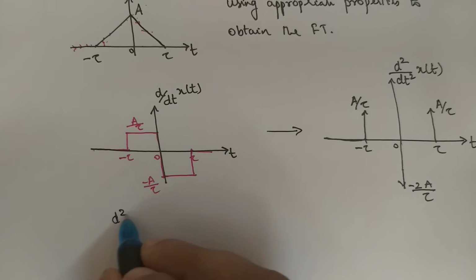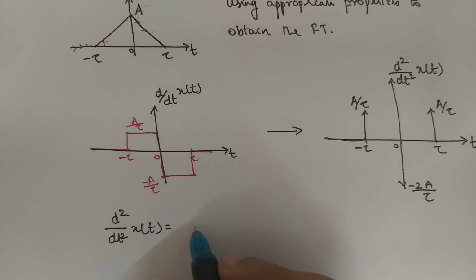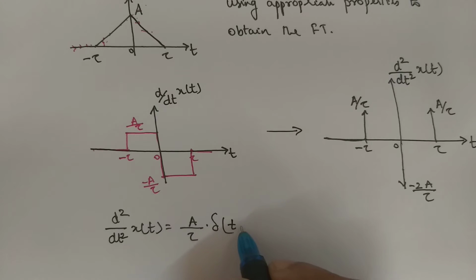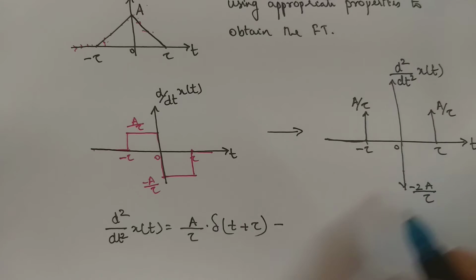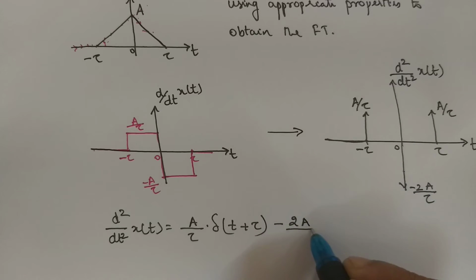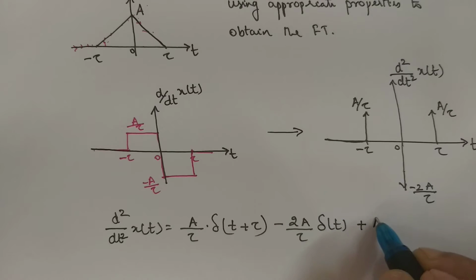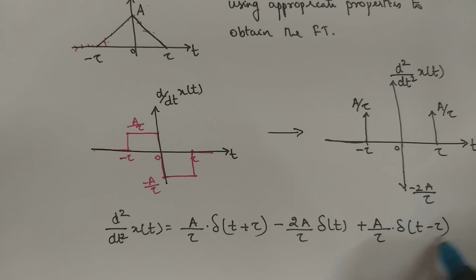So d square by dt square of x of t will be equal to, we can write it as a by tau times del of t plus tau, minus the amplitude 2a divided by tau into del of t, plus a by tau times del of t minus tau.